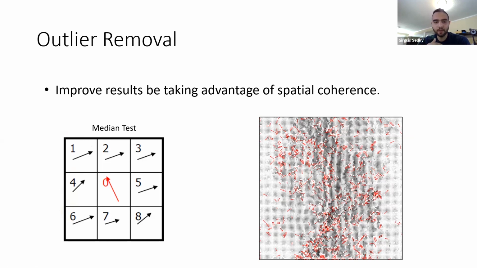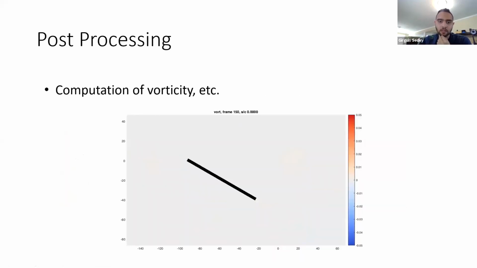The technical way of doing it is that you look at the median of the vectors around the spurious or bad vector. If the bad vector is 3-4 standard deviations away from the median of the vectors surrounding it, then you replace it with the median. But this is basically the way you do it.